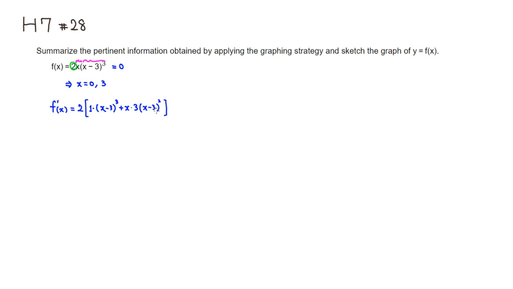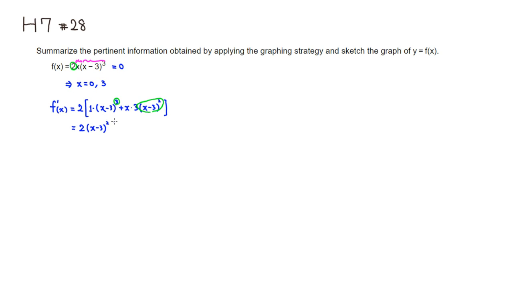Before we set it equal to 0, we're going to pull out the common factor. So 2 is already out. You see that there's x minus 3 squared, and they're actually cubed. There are 3 of them, so there's another x minus 3 sitting there. So we can pull out x minus 3 squared.